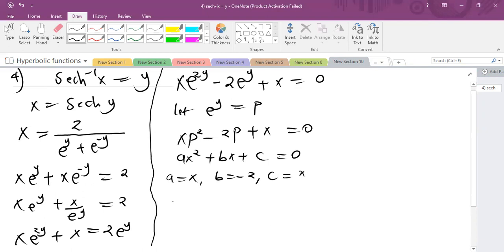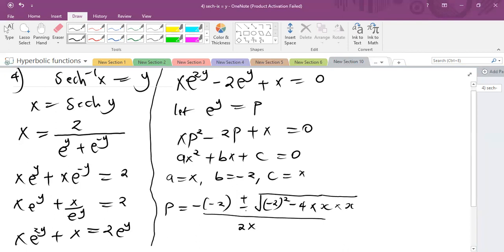So using the quadratic formula to solve for p, we will have minus b, that is minus 2, plus or minus the square root of b squared, so that is minus 2 squared, minus 4 times a, our a is x, times our c, which is x as well. All this is divided by 2 times a, and our a is x as well.